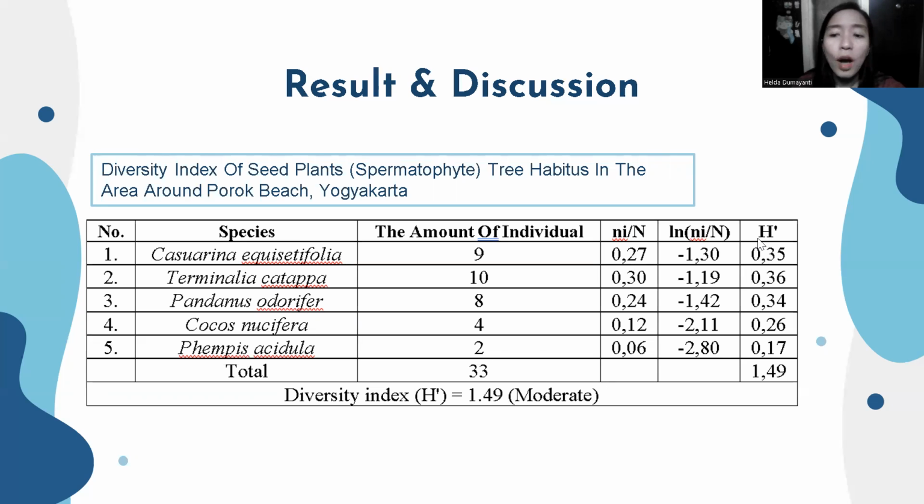The diversity of seed plants with tree habitus is also supported by abiotic factors, namely soil pH of 7. In general, the area Porok Beach, Yogyakarta includes both sandy and rocky beaches.